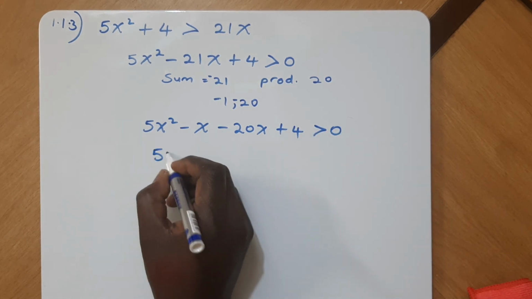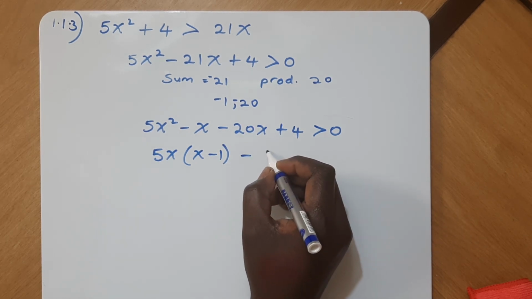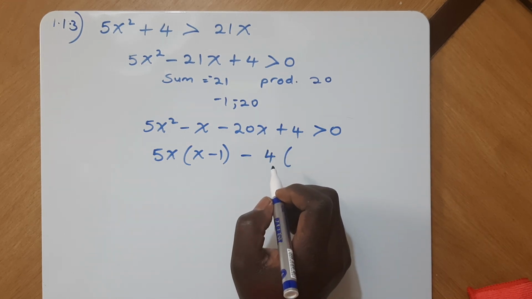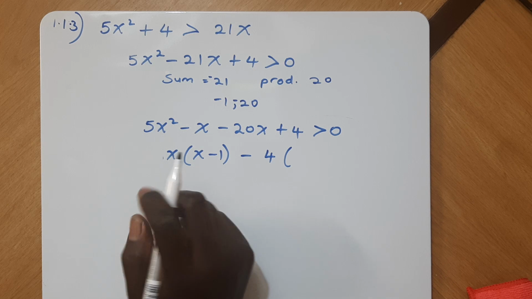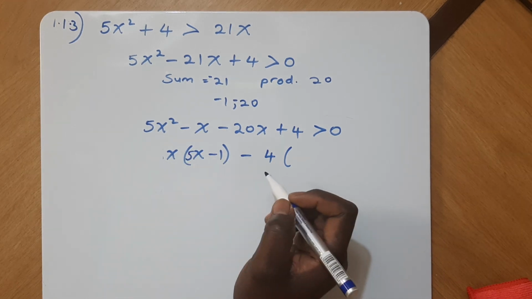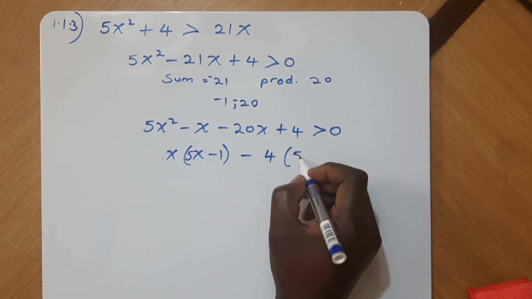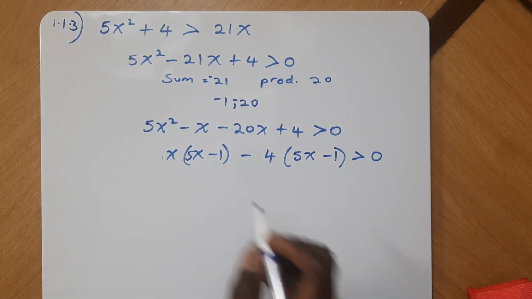We bring out 5x here, we get x minus 1. When we bring out 4 here, we get 5x minus 1 greater than 0.